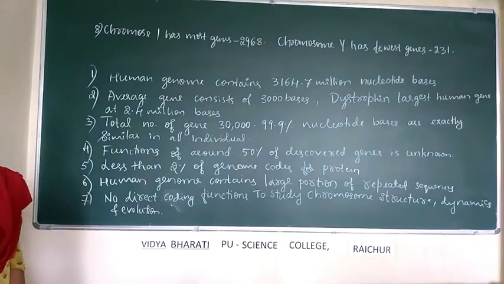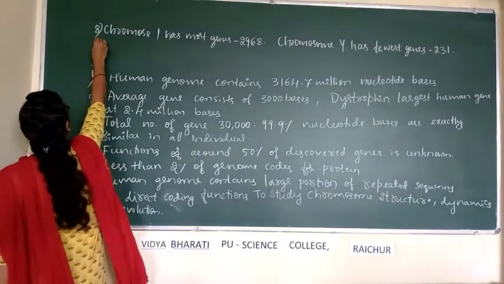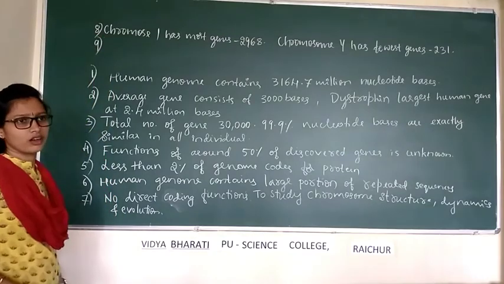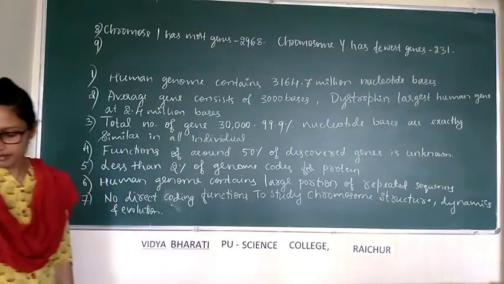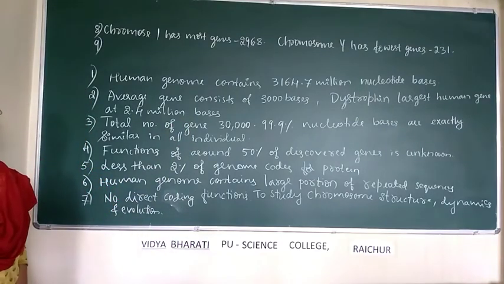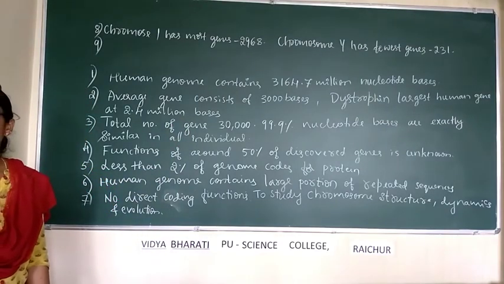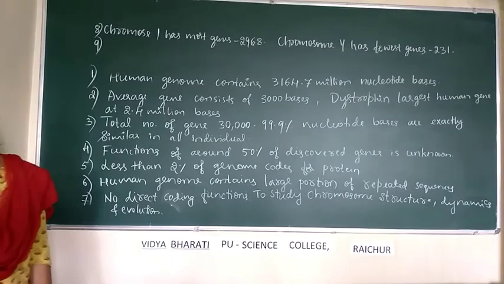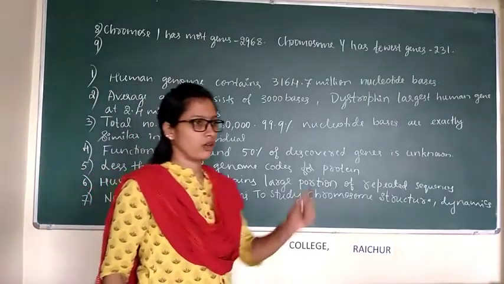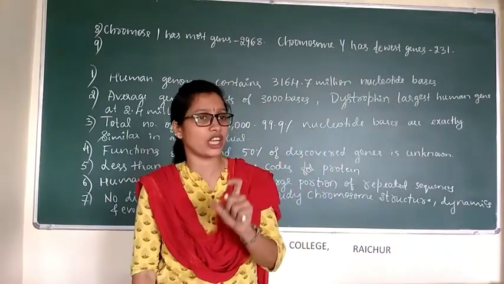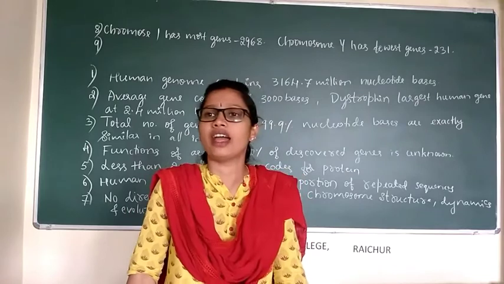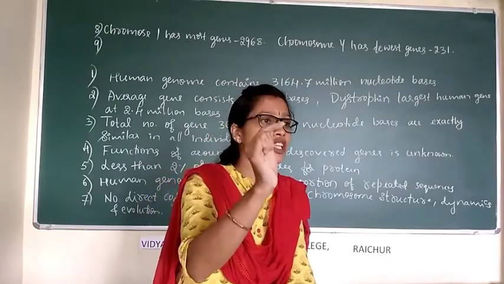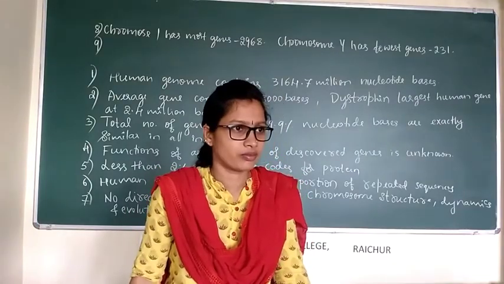Then the last one is that scientists who worked in the Human Genome Project have identified around 1.4 million locations where there is a single base nucleotide difference.